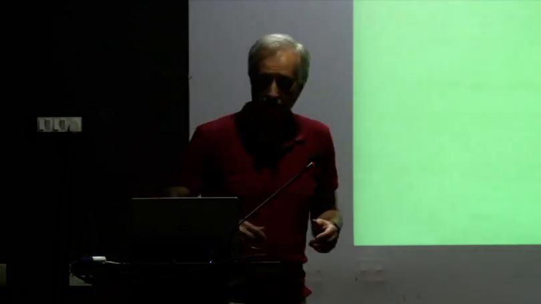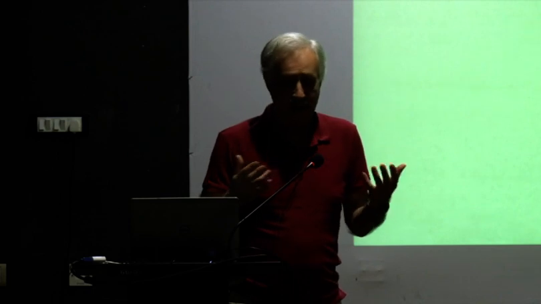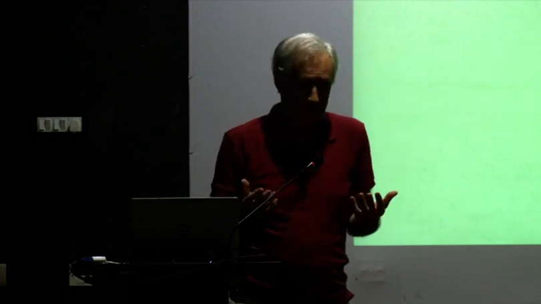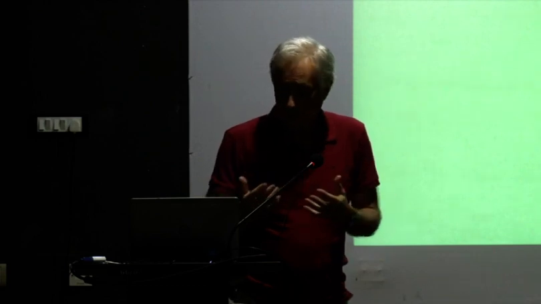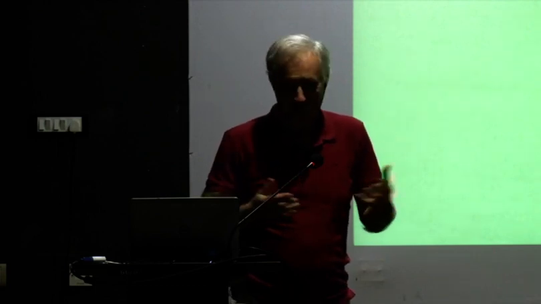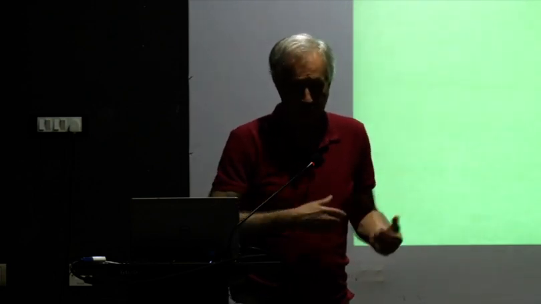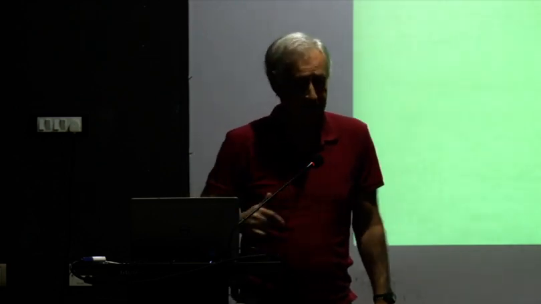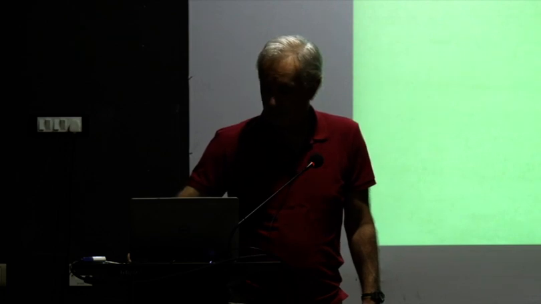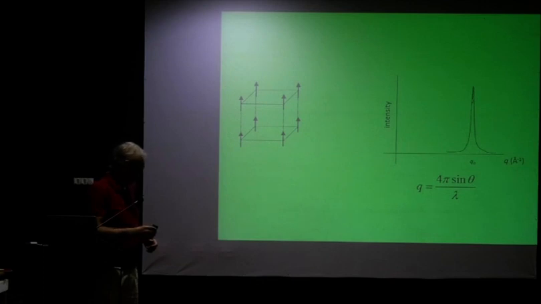So now I'll just review some very basic things on how we interpret the neutron data that we see. I'll also try to introduce you to some methods which we use to understand the magnetism of these complex systems. So now if we have a simple ferromagnetic structure, the neutron carries a magnetic moment.